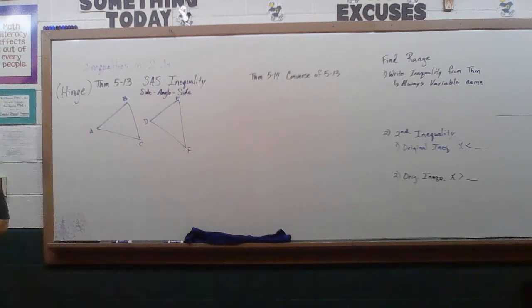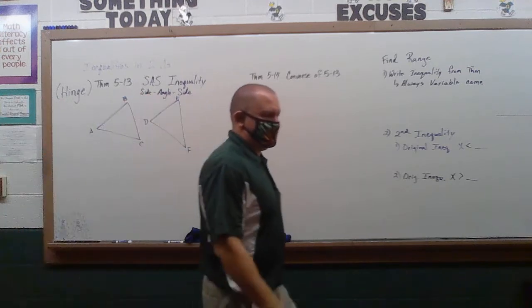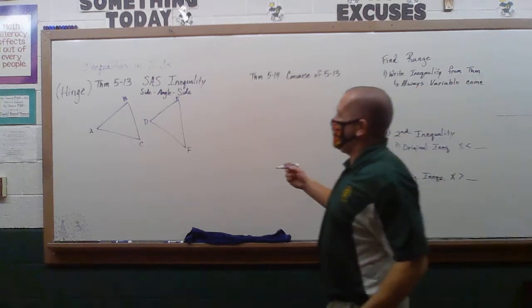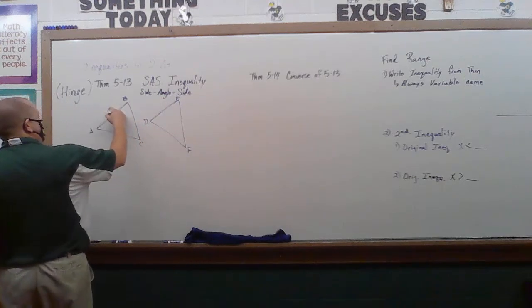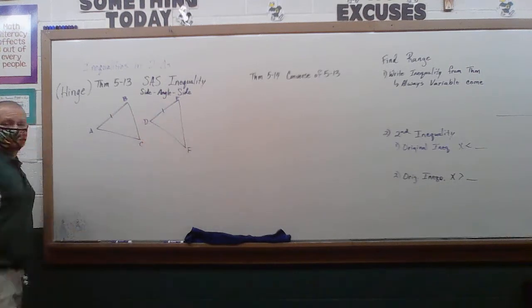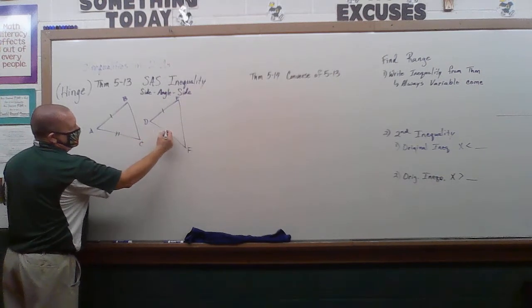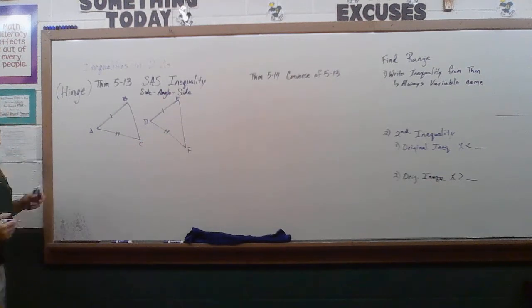So obviously it doesn't have to look exactly like mine. But what this is saying now is this: if two sides of one triangle are congruent to two sides of the other, can I do that? Yeah, I can do that. I'm going to say AB is congruent to DE. And I'm going to put little slashes in, right? And then I'm going to say AC is congruent to DF, sorry.